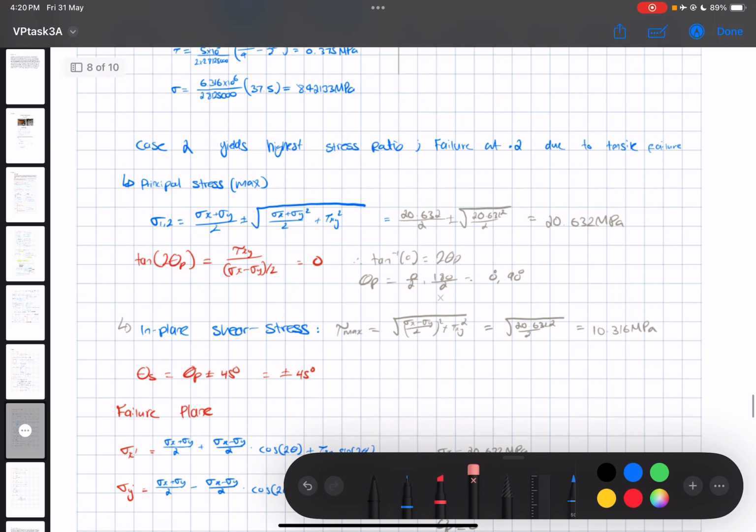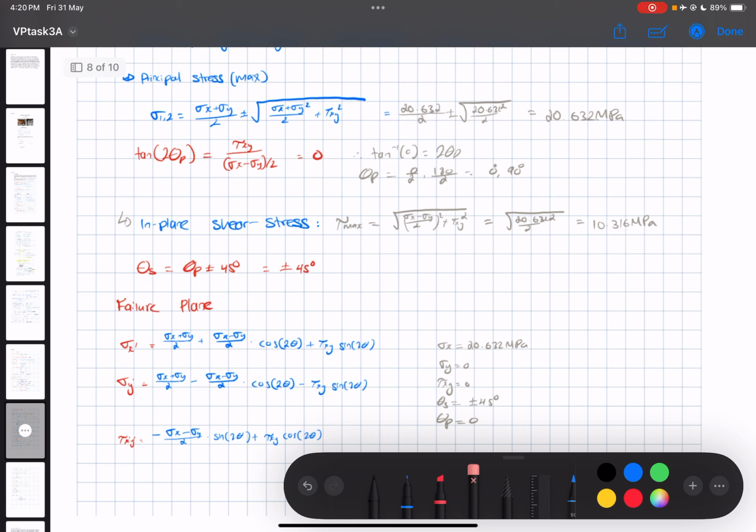And then I found the angle at which this acts, and it's 0 and 90 degrees. And then I did the same for the max in-plane shear stress using this formula down here, and that turned out to be 10.32 megapascal.